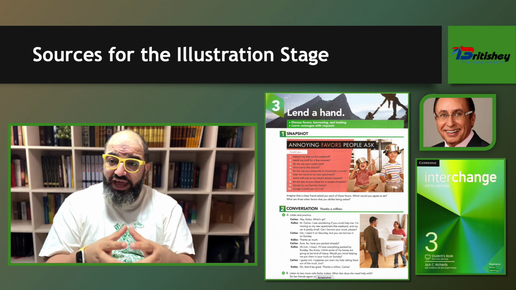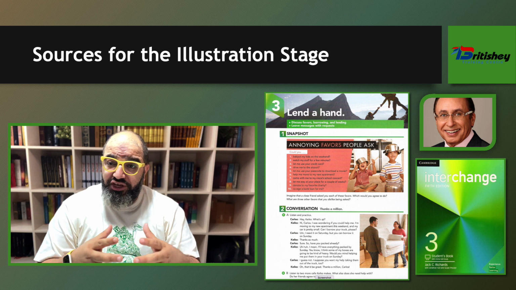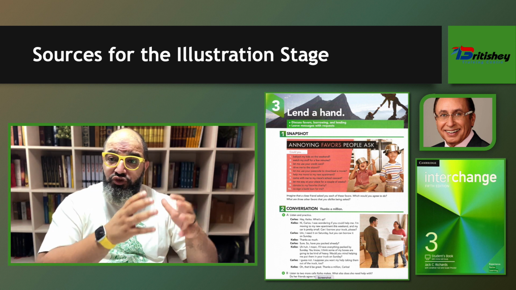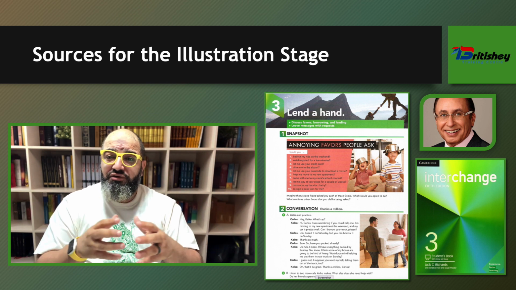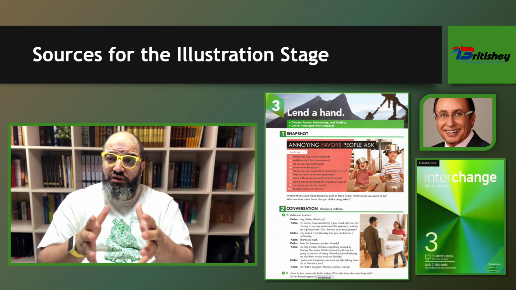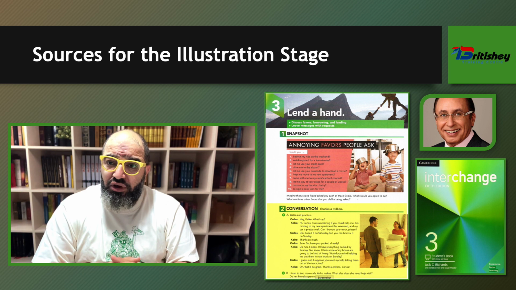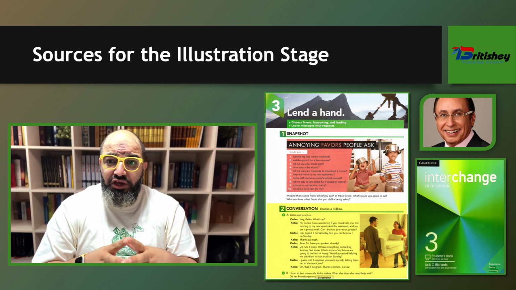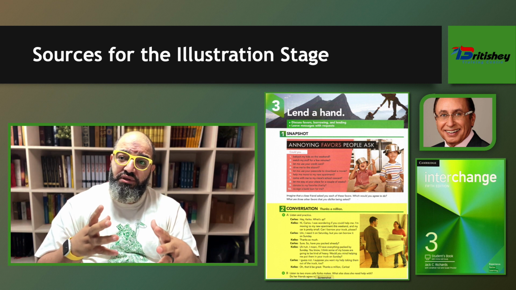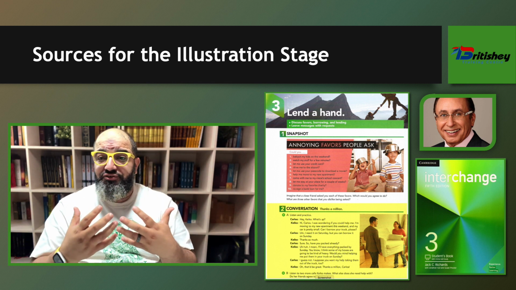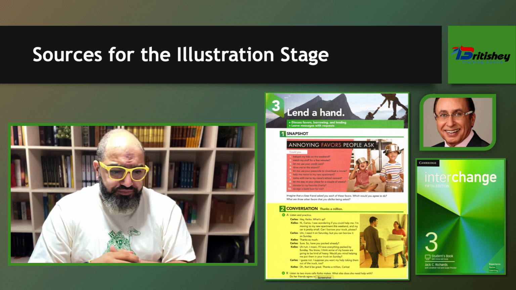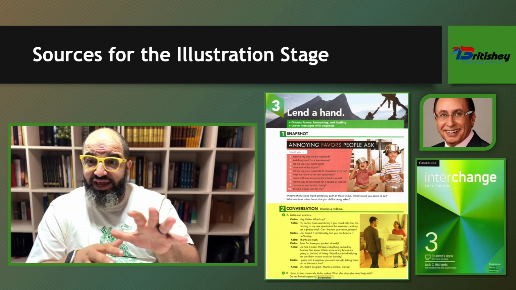This is how Interchange is built, because usually in every module or in every unit you find a wonderful conversation. Look at this example we have right now. And this is actually what I decided to use when adapting a lesson for the III framework. Let's look at this page. And it says lend a hand.